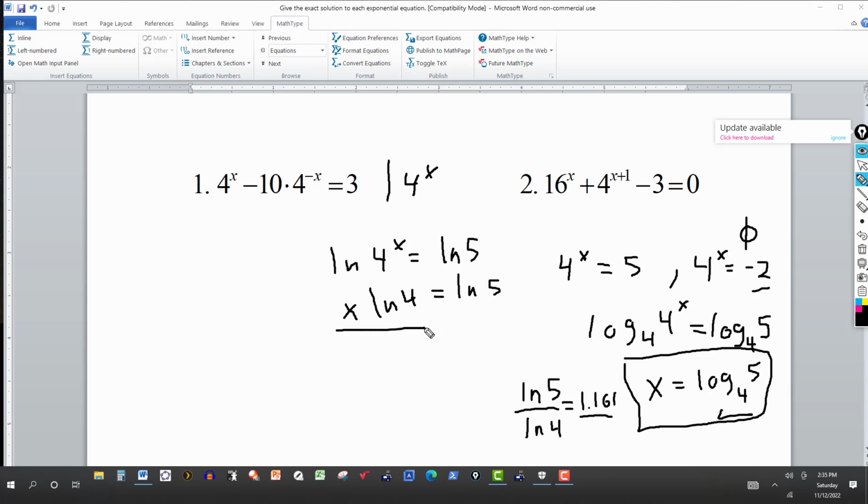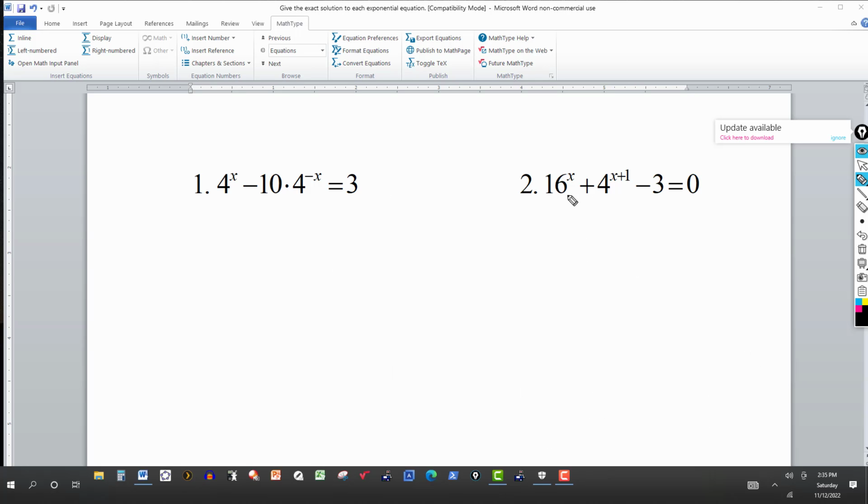And then I would divide both sides by ln of 4. These divide out, and I would get the same setup, ln of 5 over ln of 4. So if you did this, then your exact answer would be this. Still the same as what we gave here, just written in a different form, but if you compute the values, you're going to get the same thing, 1.161.